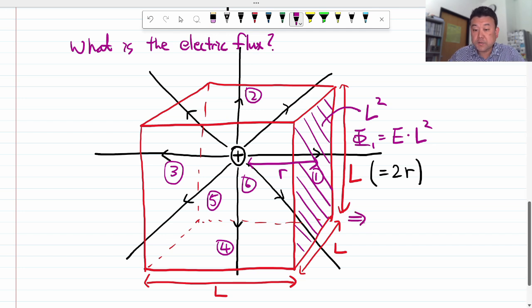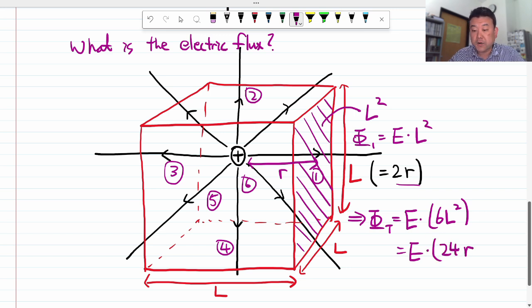So the total flux is E times 6L squared, or in terms of R, since L is equal to 2R, E times (2R) squared, 4R squared, 4 times 6, 24R squared. And that's the answer. No, that's not the answer.